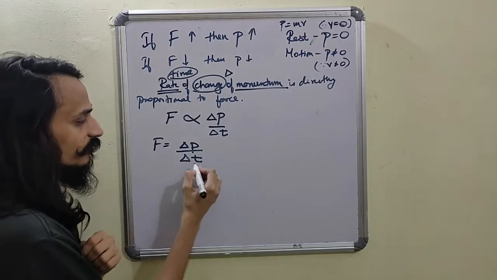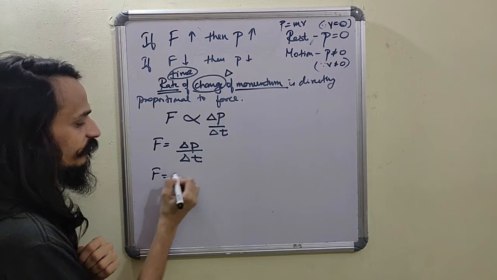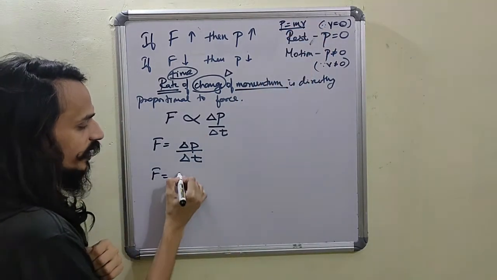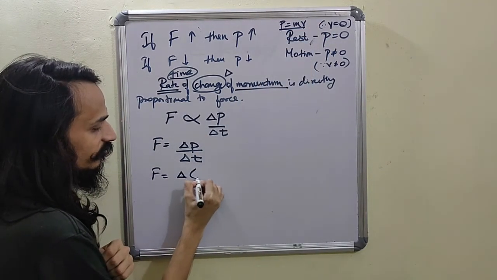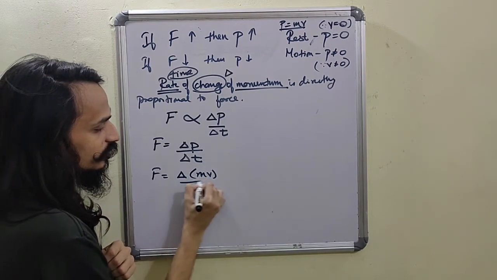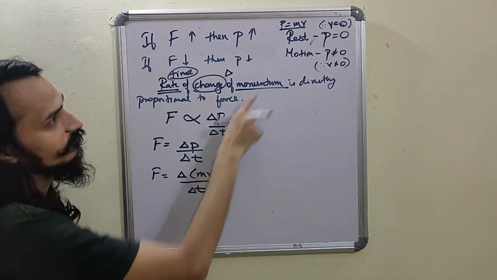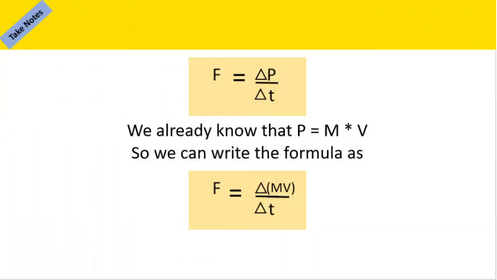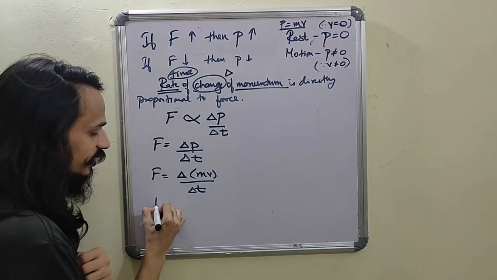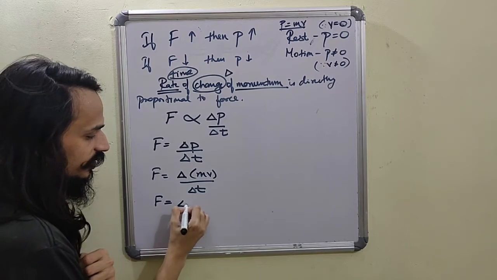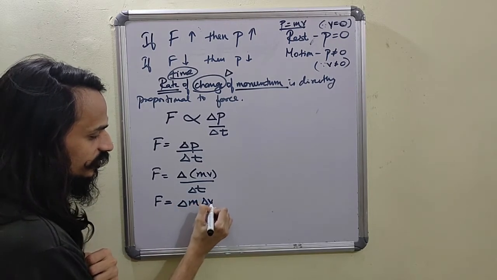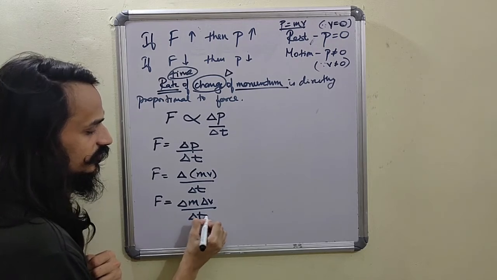Now we know that P equals mv, right, from here. So I can write it like this: delta of mv divided by delta t, right? In place of P I wrote mv because they are equal. Now what I can write this as is delta m delta v divided by delta t.